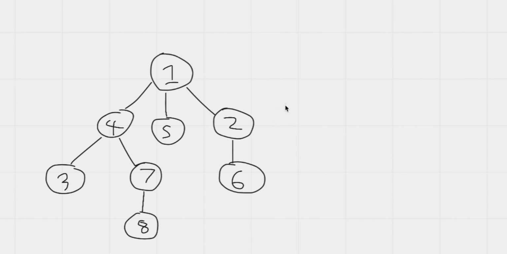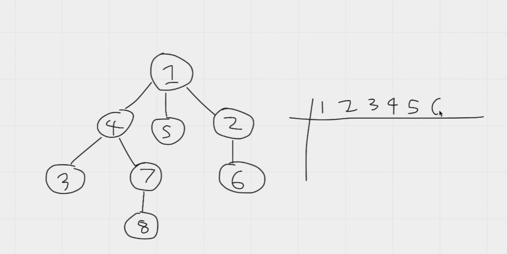So say we create this table, and we have all the nodes here, 4, 5, 6, 7, 8, right? And then the nth ancestor here, 1, 2, 3.